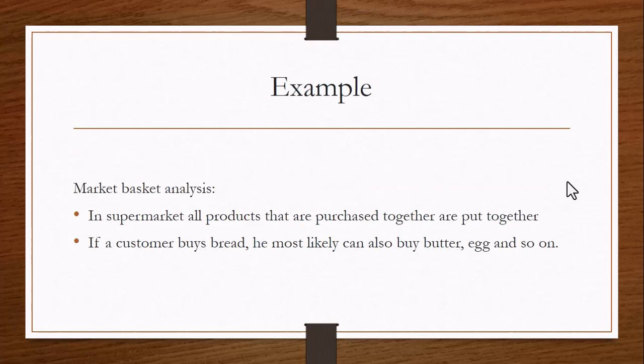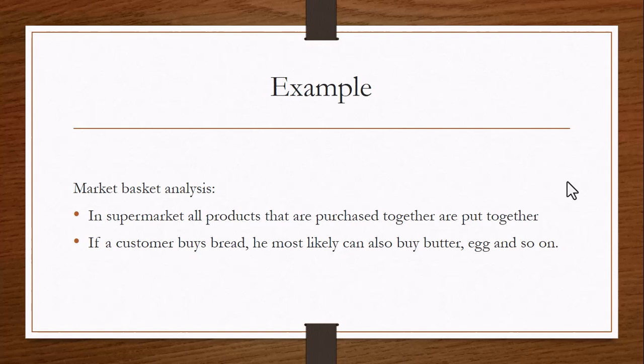So for example, market basket analysis. This is the most popular example in the Apriori algorithm. So in supermarkets, all products that are purchased together are put together. If a customer buys bread, he most likely can also buy butter, egg, and so on. So what this means is that in market basket analysis, things are arranged accordingly in relation to the item set of the order.